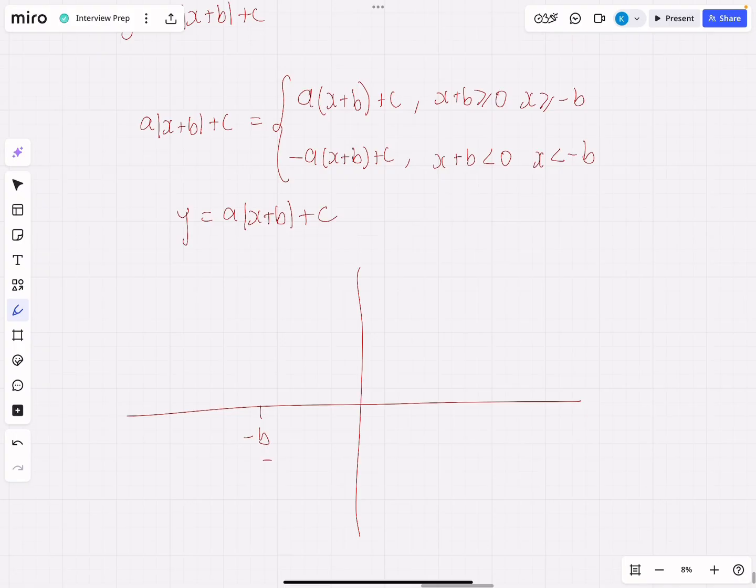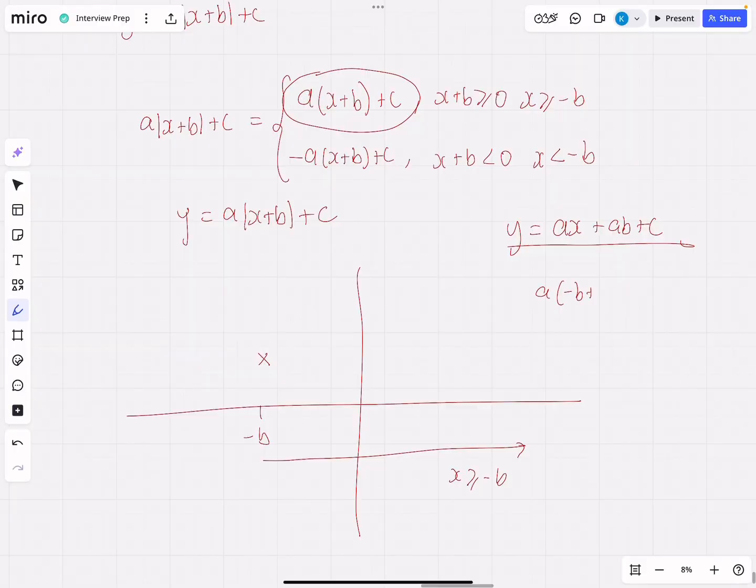When x is greater than or equal to minus b, we graph this function here. So we graph y equals ax plus ab plus c. And when x is equal to minus b, we see that in both cases we just end up with c. So this vertex here is going to be minus b, c.